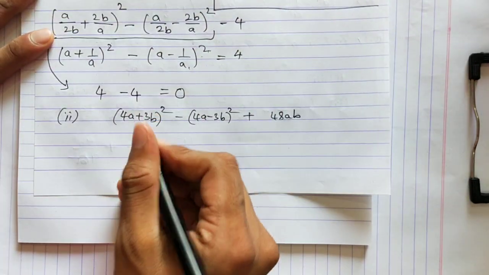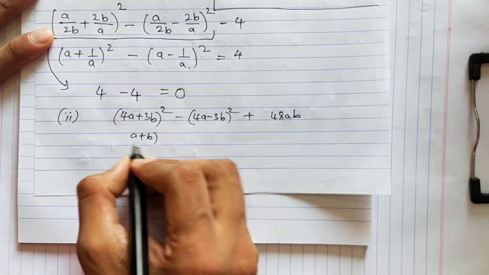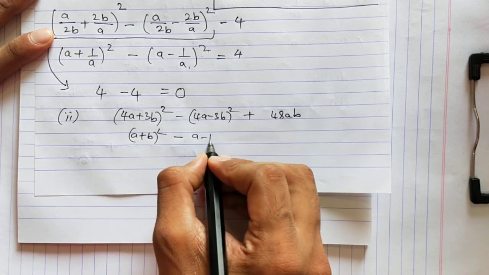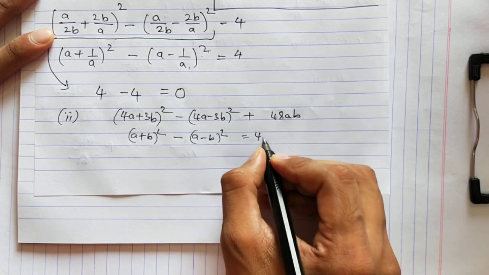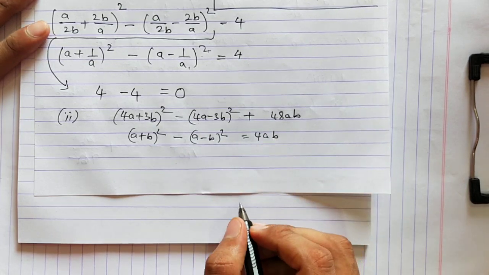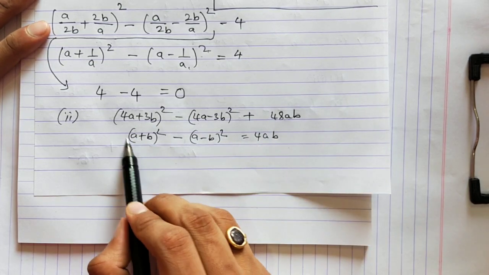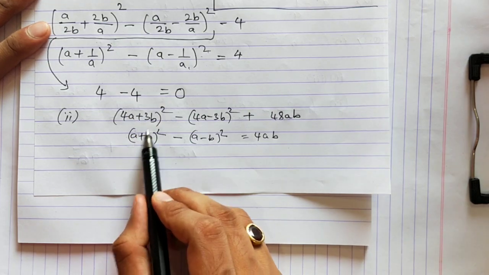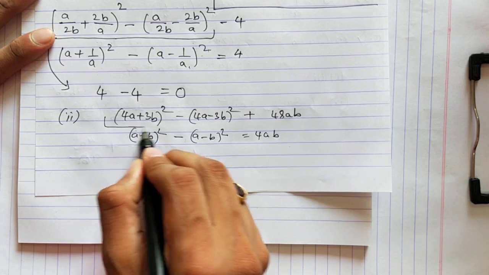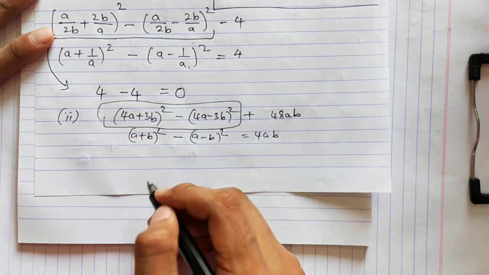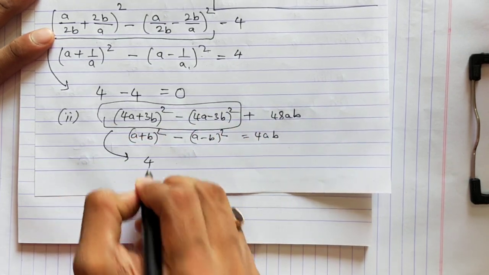So here I'll copy this formula, that if I have (a plus b) the whole square minus (a minus b) the whole square, I can replace this with 4 into a into b. But here you have to understand your a is 4a and your b is 3b. Okay, so I can replace this with 4ab.